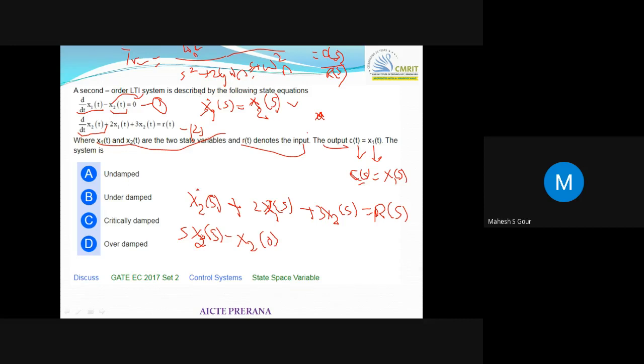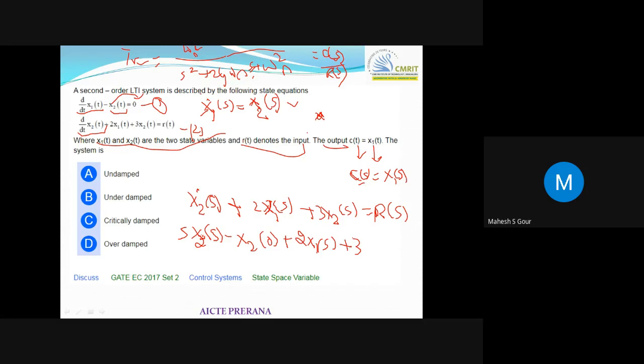So x2 dot of s, that is the differentiation of this, is equal to s into x2 of s minus x2 of 0, since it is dot here, plus 2 into x1 of s, plus 3 into x2 of s.